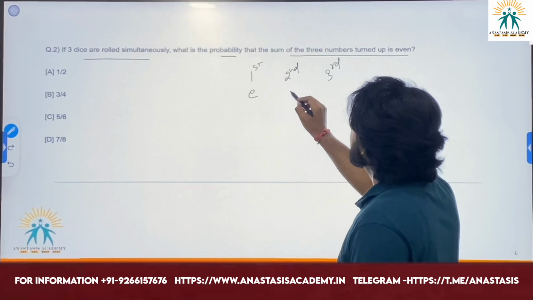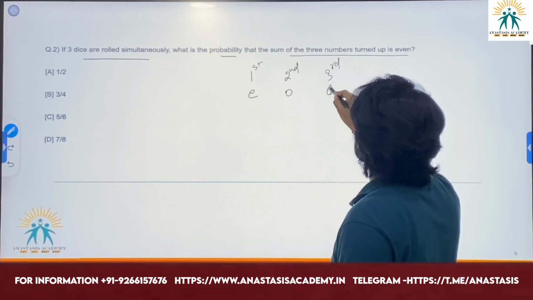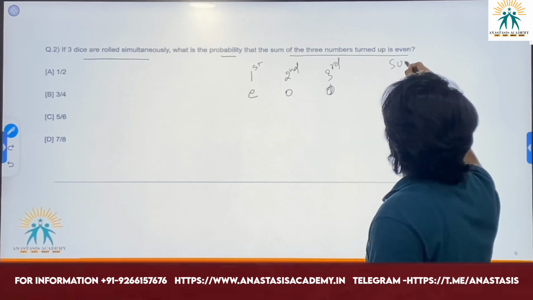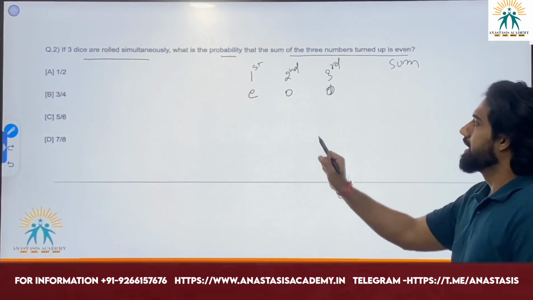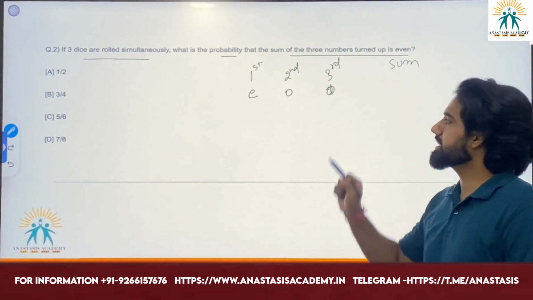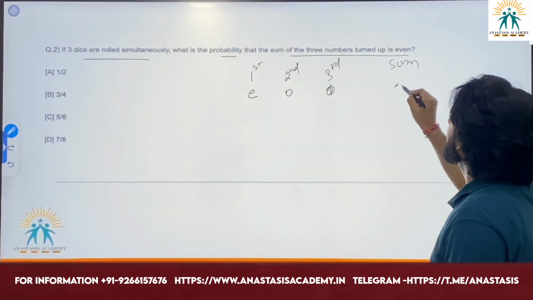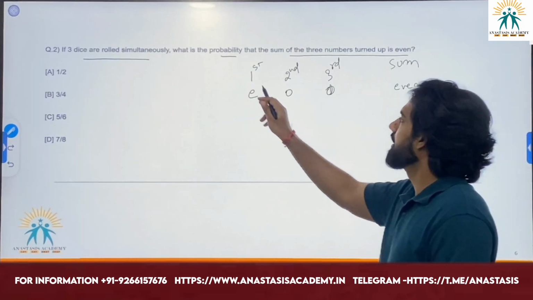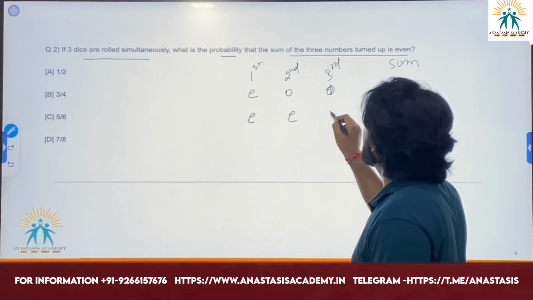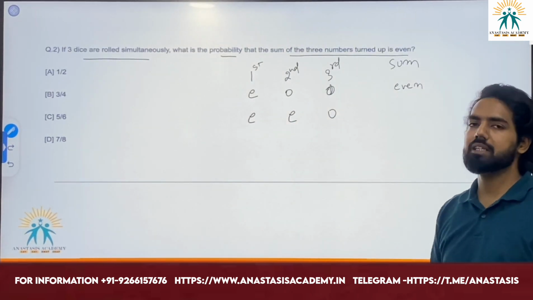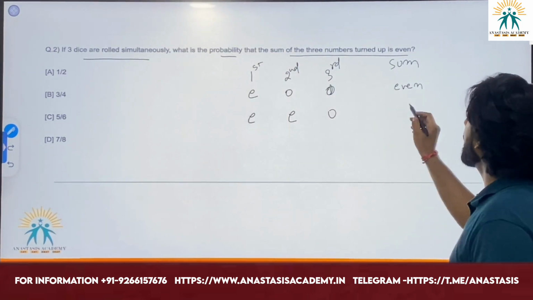So one is even, second is odd, and third is odd. So the sum would be odd plus odd, which I know is even, and even plus even is even.